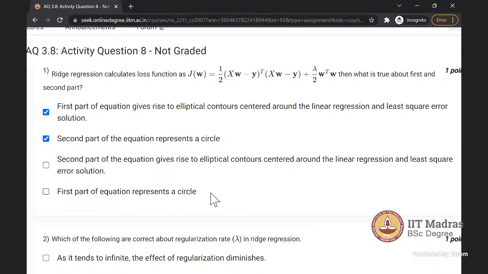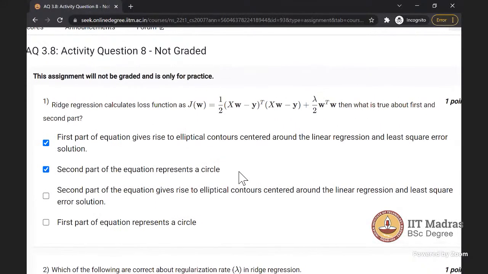But my question is that if you read the circle equation, that is something like x square plus y square equals 1. But here we have just w square. I know sir has explained, and in the graph it is also coming as a circle, but how is it plotting a circle? See, W transpose W is going to give you W1 square plus W2 square, right?